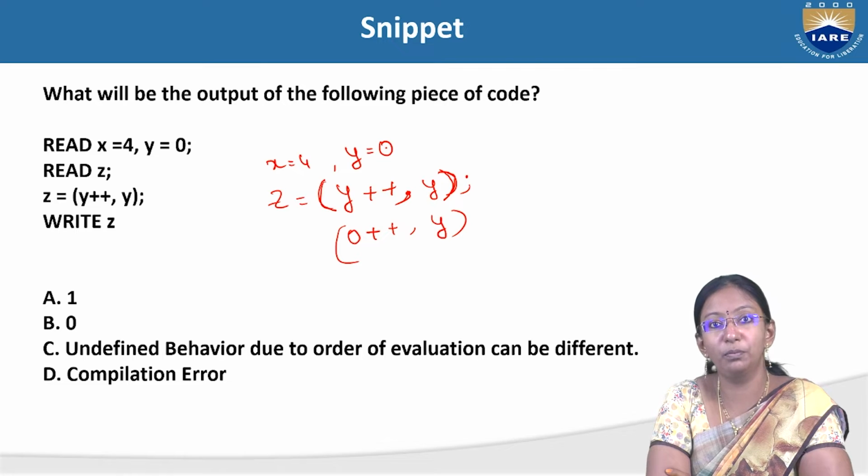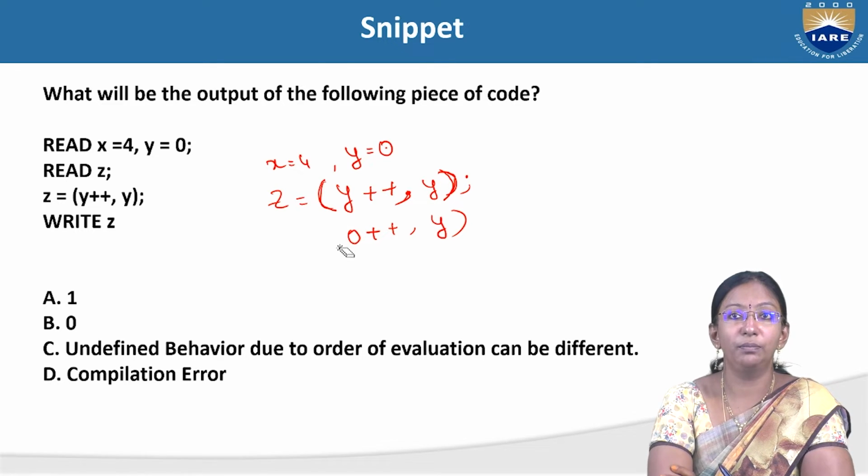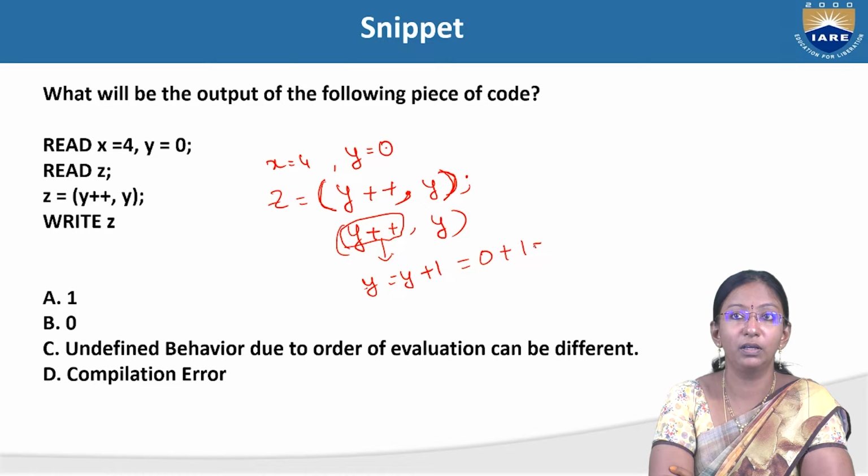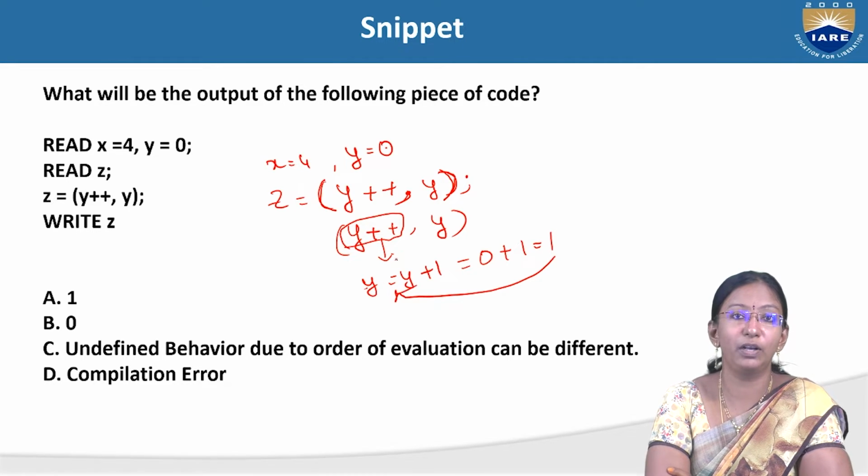So what is the post increment value of Y? Guys, I cannot do this on 0, because constant 0 is a constant, I cannot apply it on that. So if you elaborate it, it is Y is equal to Y plus 1. So what is the value of Y? 0 plus 1, it is 1. So 1 has been assigned to Y.